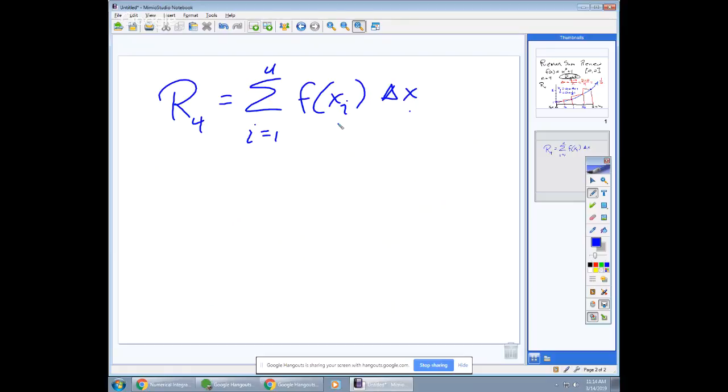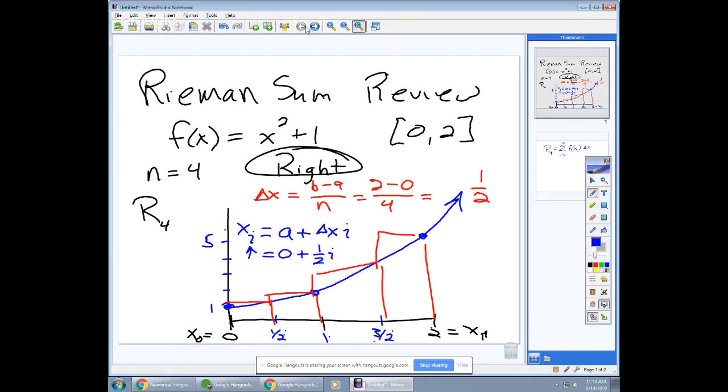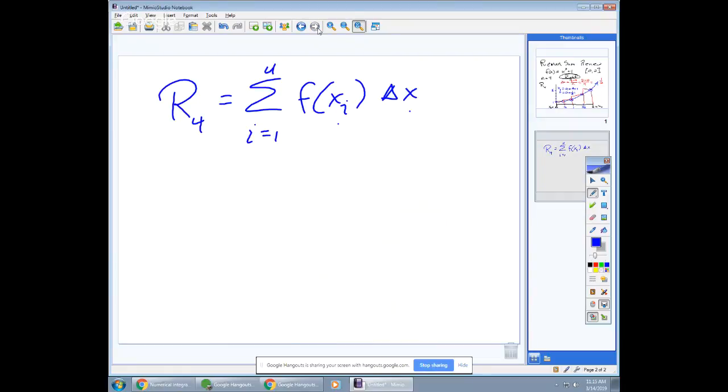So I don't even have to do summation notation here, because I can pretty clearly see what each of these y values is according to the function. But I'm going to do the summation notation and then just do it clean. So let's see, what do we have? We have the sum as i goes from 1 to 4.